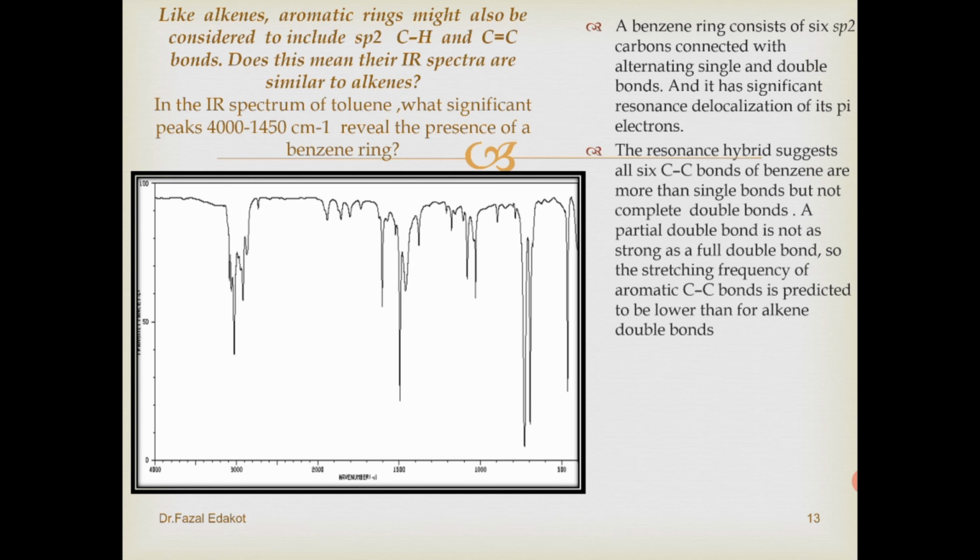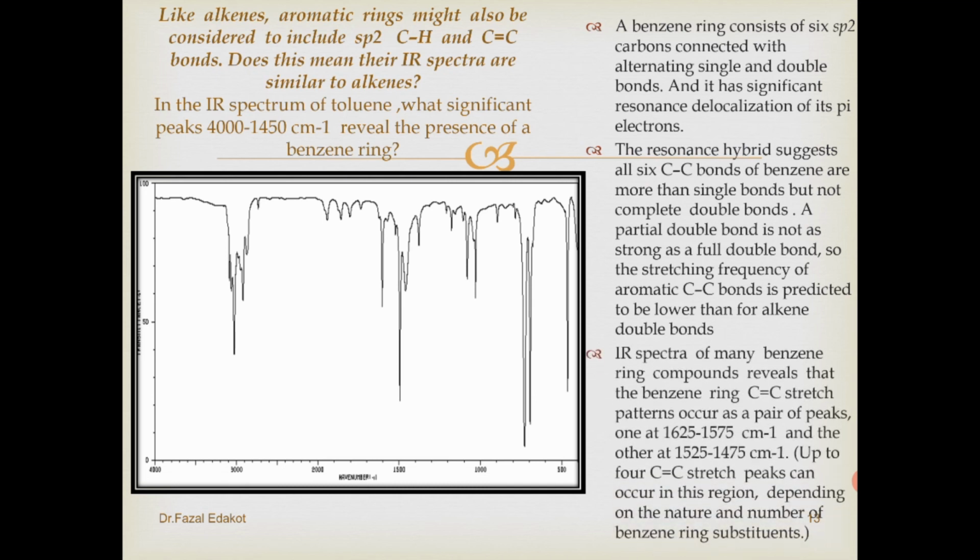Because of the resonance, because of the aromaticity, and because of the difficulty in discriminating the single bond and double bond in an aromatic compound like benzene, the stretching frequency appears a bit lower than the double bond.